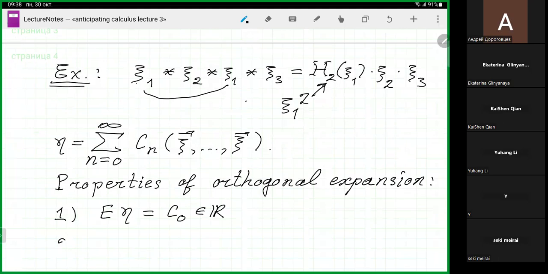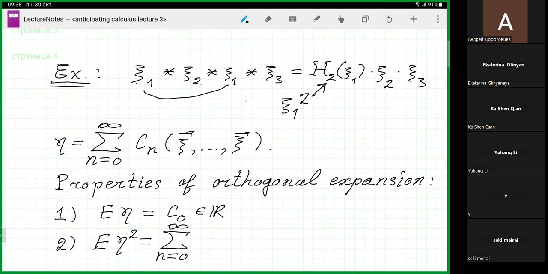The second one: the expectation of eta square will be equal to the sum from n equals 0 to infinity. I am writing just summation over one index n due to the fact that summands are orthogonal.